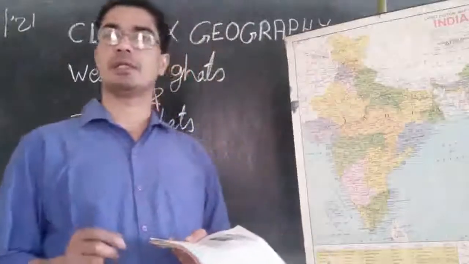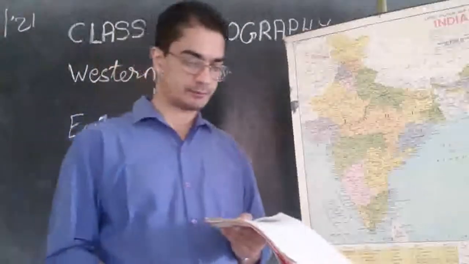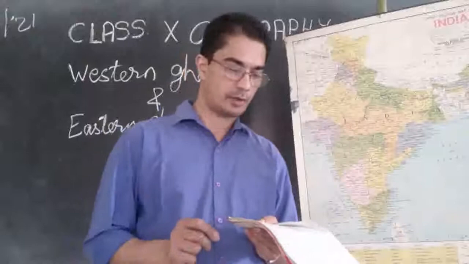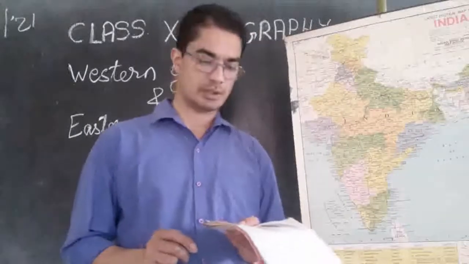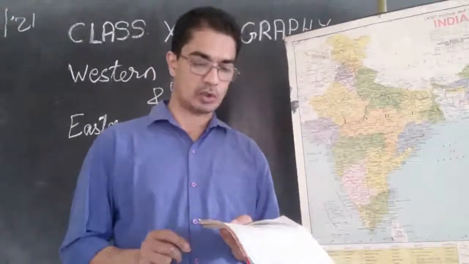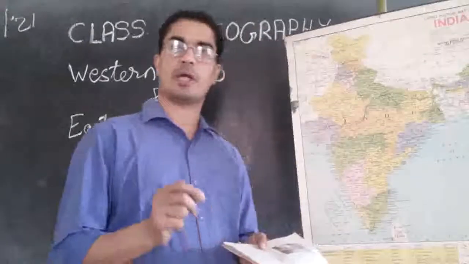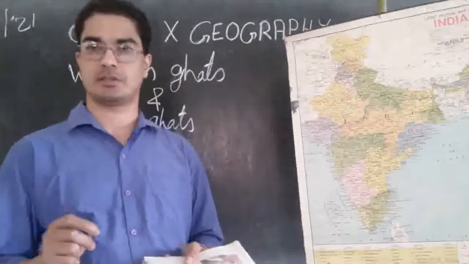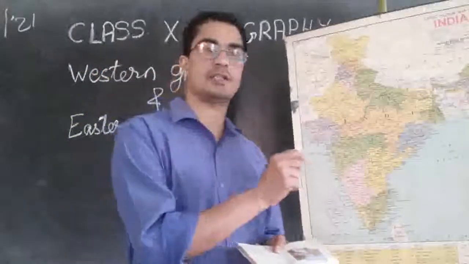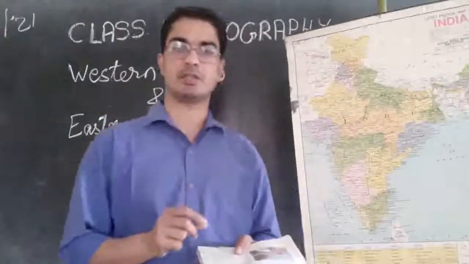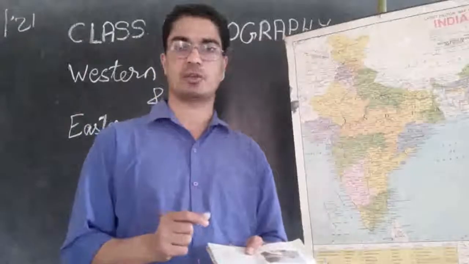And one of the distinct features of the peninsular plateau is the black soil known as the Deccan Trap. So one of the important features that we will find here is that there is plenty of black soil.